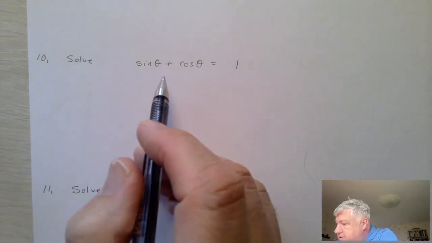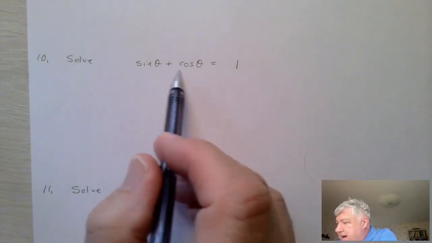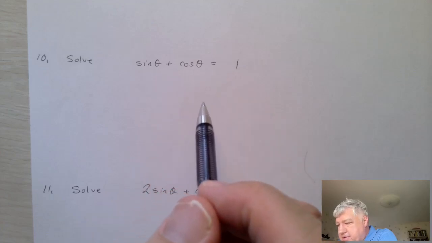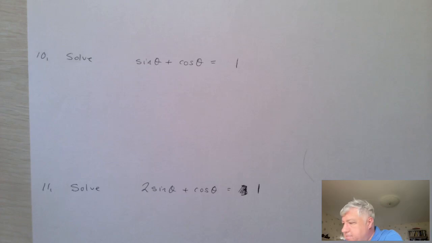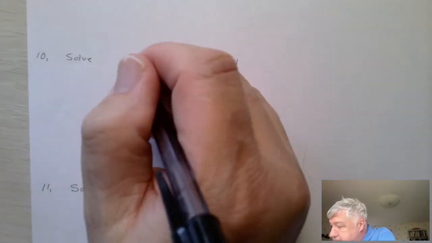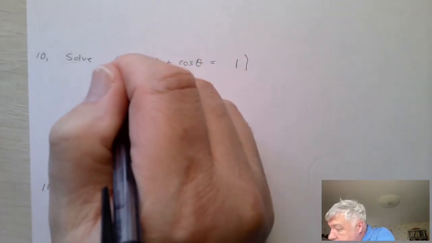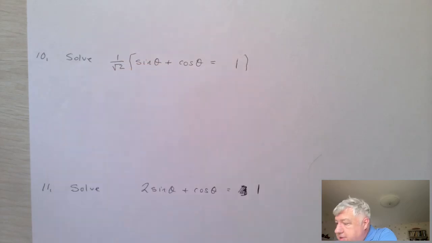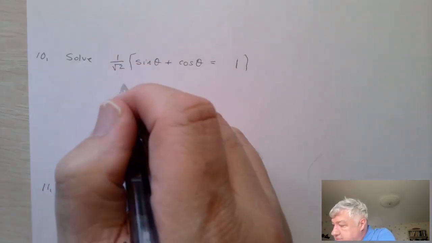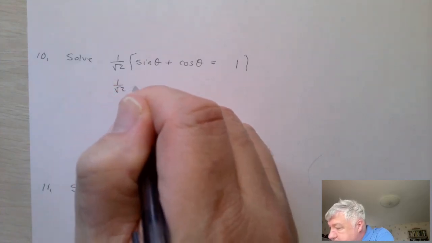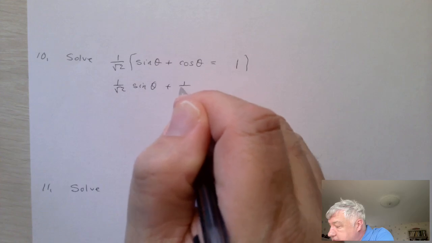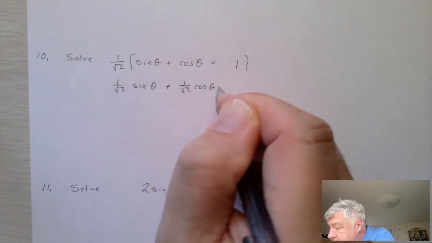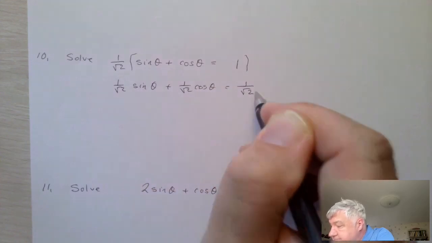The way we do this is that we're going to divide both sides by something. It looks like we're dividing, but we're actually multiplying by 1 over square root 2. So this will be 1 over square root 2 sine theta plus 1 over square root 2 cosine theta equals 1 over square root 2.